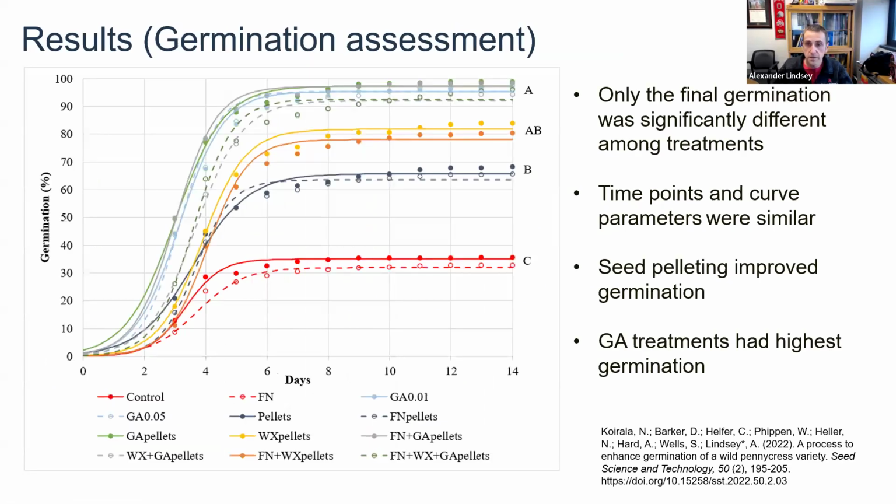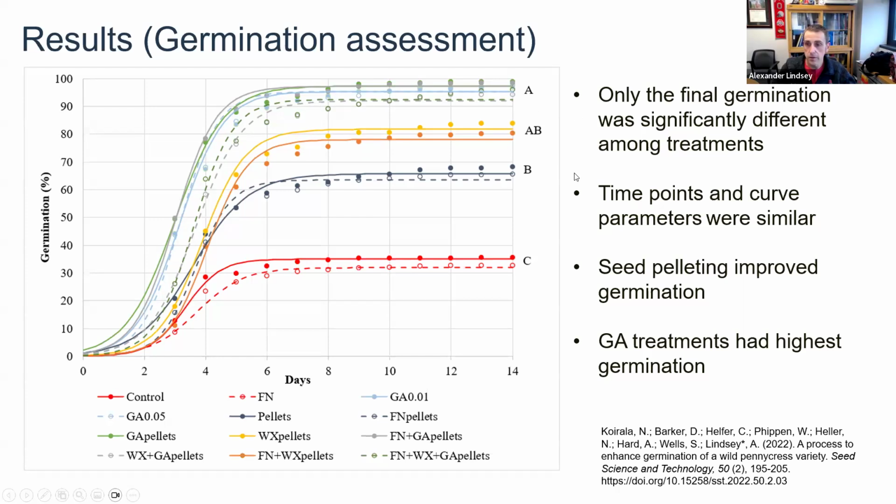Interestingly enough, the best increases in germination occurred when we treated our wild type seeds with gibberellic acid, whether that was as a GA soak solution or if gibberellic acid was added to our pellets themselves. That was when we had the best final germination.